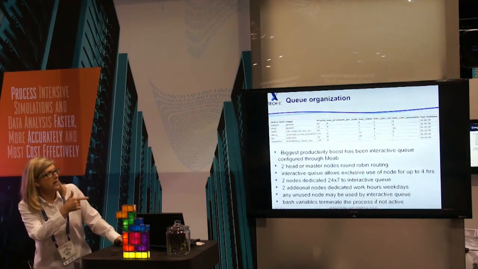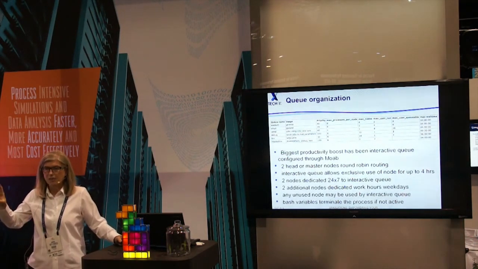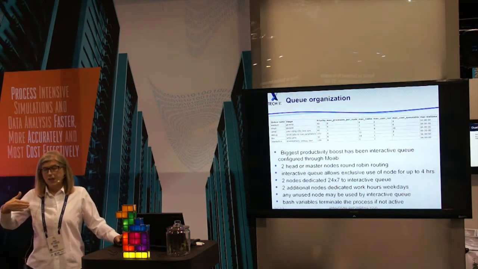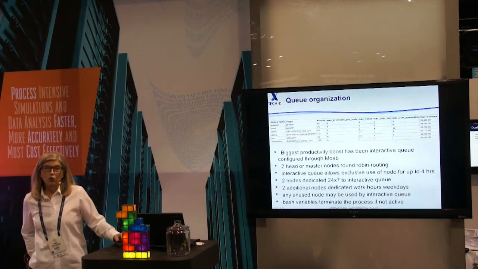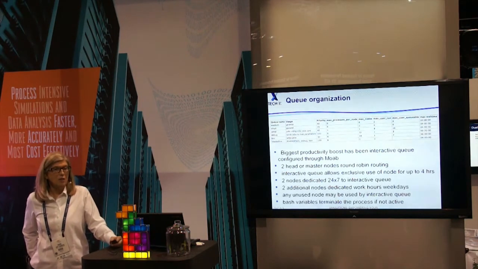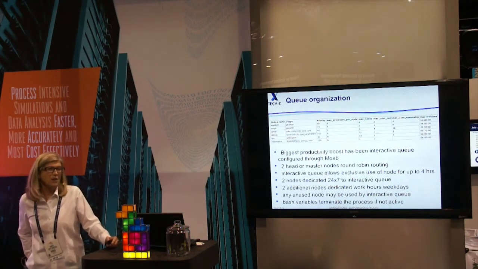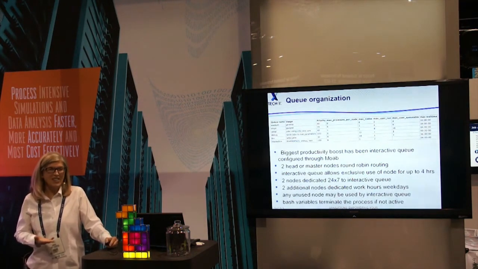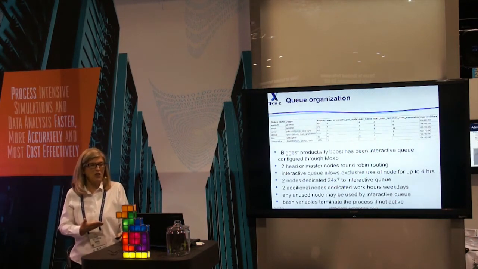You see that our maximum time for most of the queues is 24 hours, so everybody gets their time slice. Users are encouraged, if they know their job is going to complete in 6 hours, to request 6 hours. That's a courtesy to other people, so that other people know when their jobs will start.